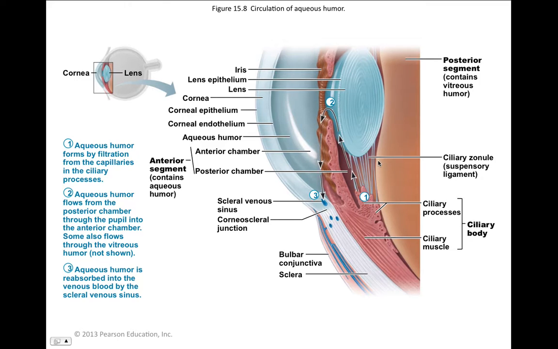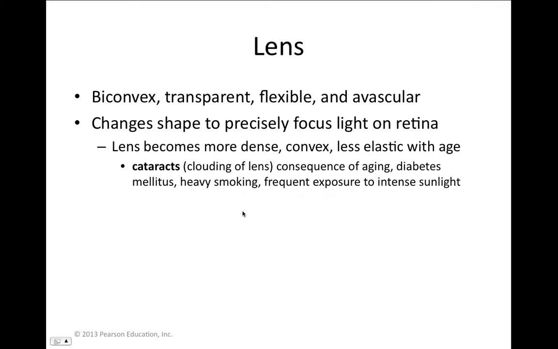Some will flow through the vitreous humor, but it's pretty minimal because this is going to be separated, and also it's going to be lasting your entire lifetime. But you're going to want to really clear out that anterior chamber, and then it's drained through the scleral venous sinus, where it is reabsorbed by blood vessels. So you can see those blood vessels, and now it's going to be transported back to the heart for recirculation.